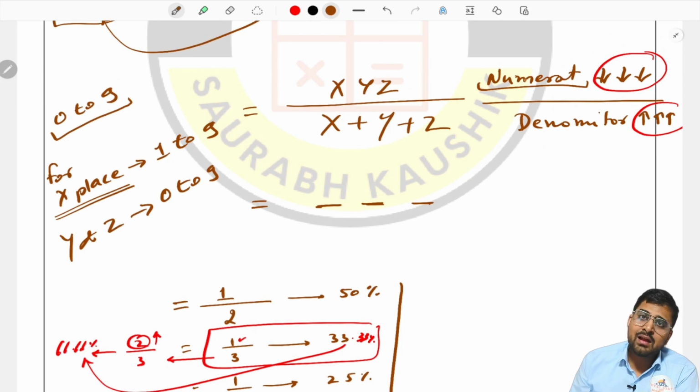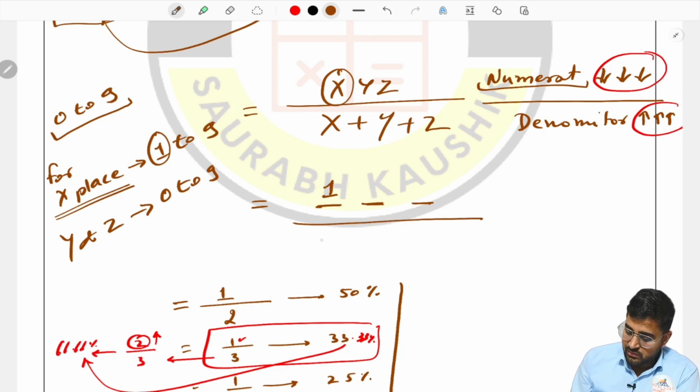So we will take the lowest possible number, and the lowest possible number at the x place is 1 only. So put 1 there. No need to mention the other two. Now we have a situation like this.